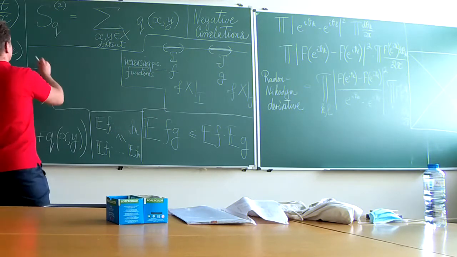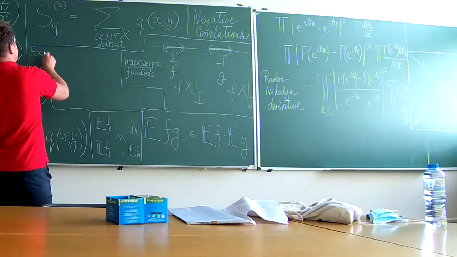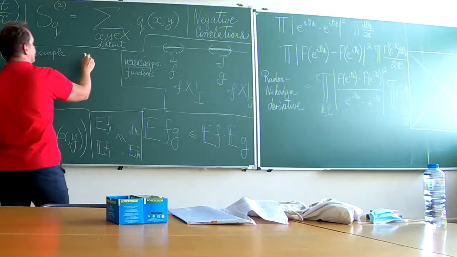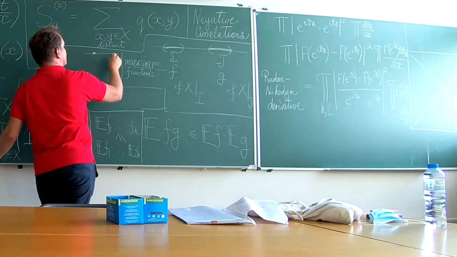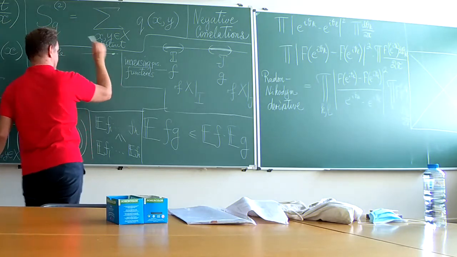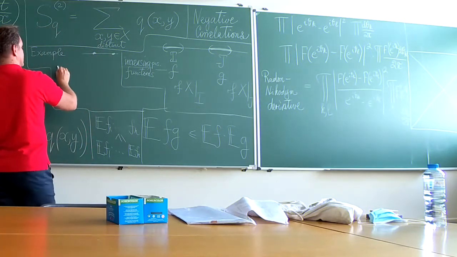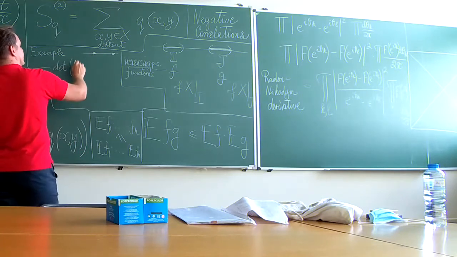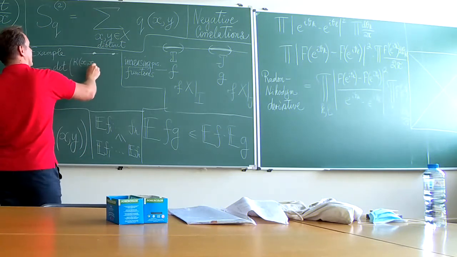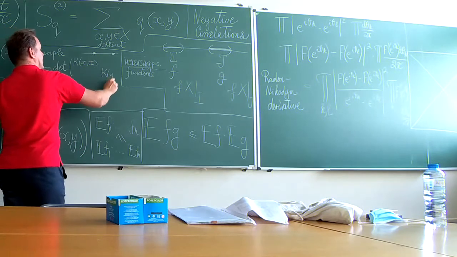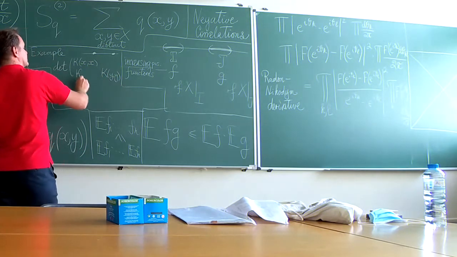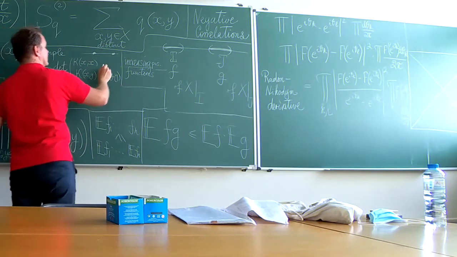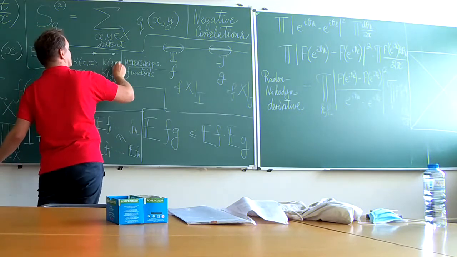So let me give an example. If we have just one particle here and one particle here, as we know, the infinitesimal probability is the determinant of kxx, kyy, kxy, and kyx, which is equal to kxy.